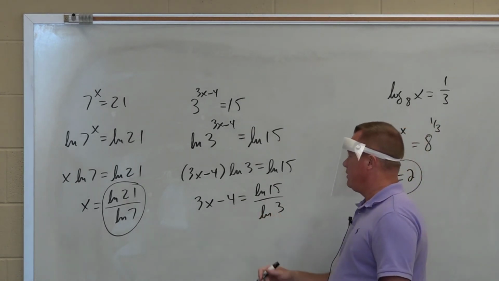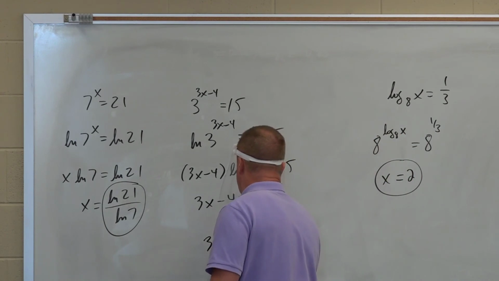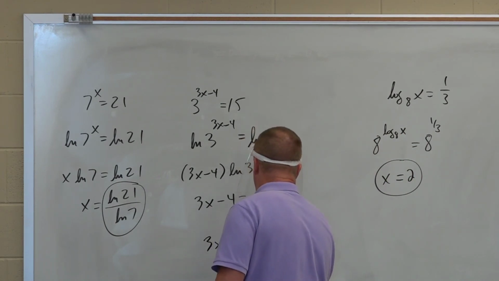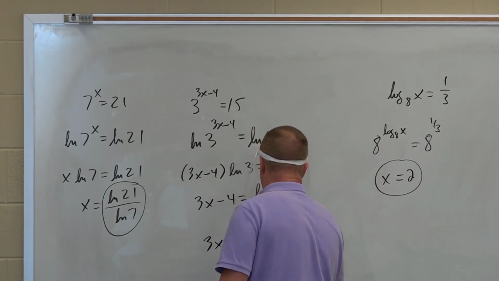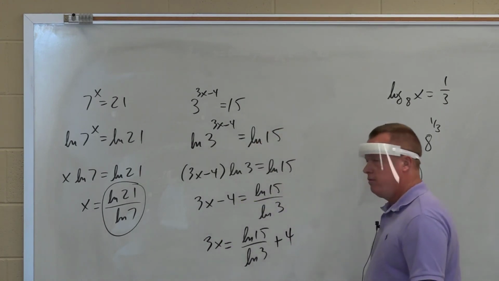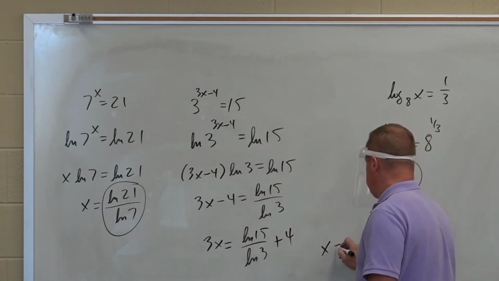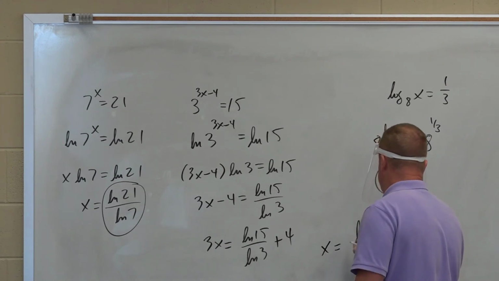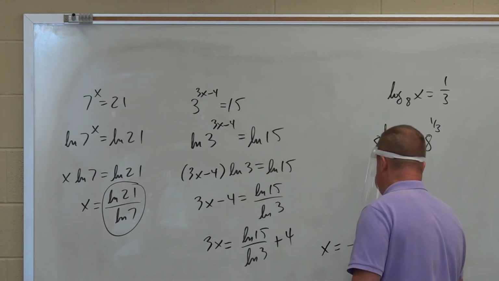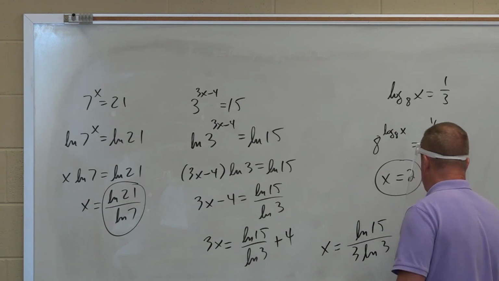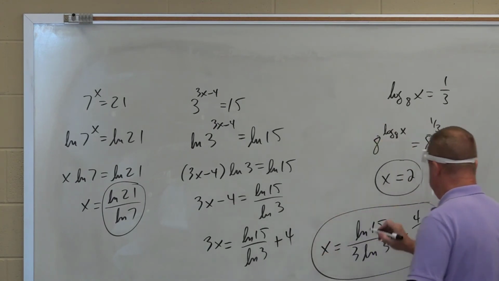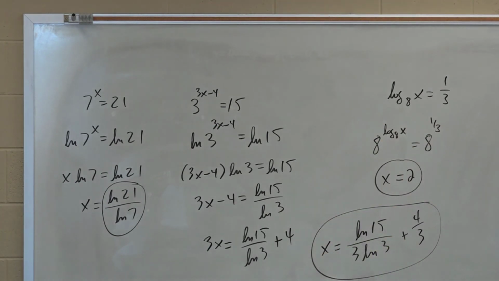Add 4, divide by 3. Then divide by 3. X is equal to ln 15 over 3 ln 3 plus 4 over 3. Okay? And again, that's the same thing as log base 3 of 15, if you wanted to have it that way. All right, questions about that?